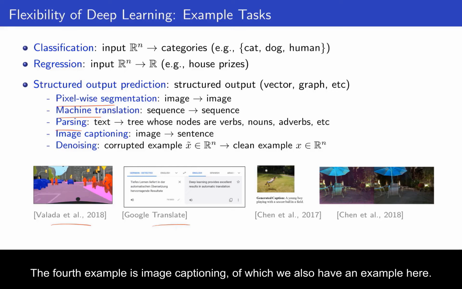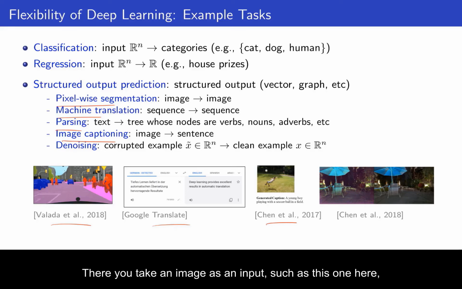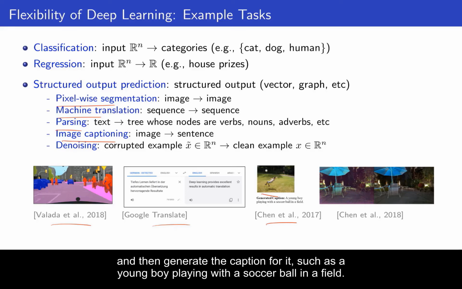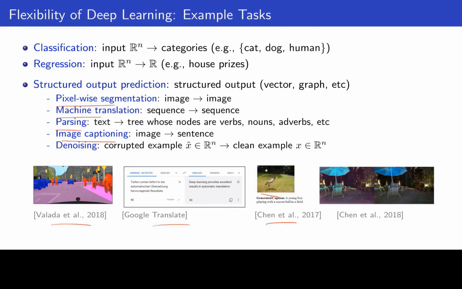The fourth example is image captioning, for which we also have an example here. There you take an image as an input, such as this one here, and then generate a caption for it, such as a young boy playing with a soccer ball in a field. And so that output is a sequence of words, a sentence. And the last example is denoising, also depicted here.